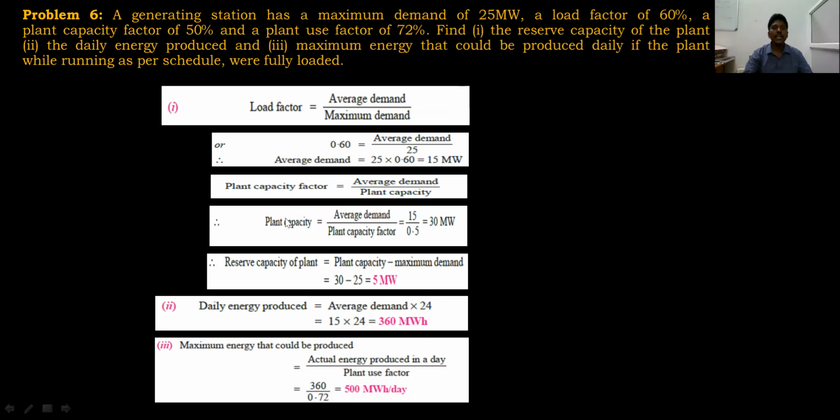Otherwise, you can use plant capacity factor for finding the maximum energy that could be produced. So the maximum energy that will be produced is 360 divided by 0.72, which is equal to 500 megawatt hours per day.